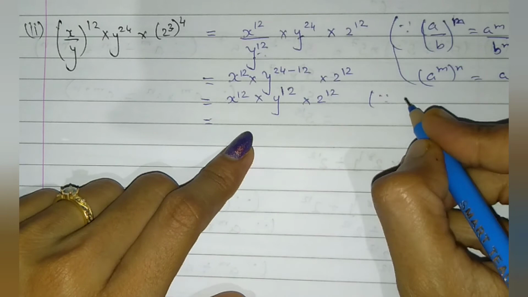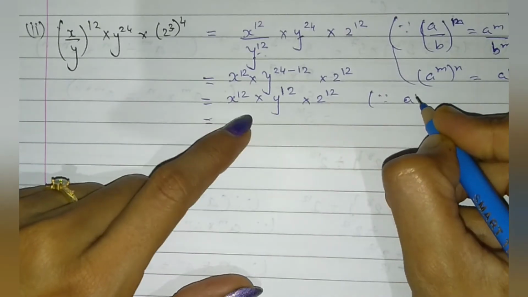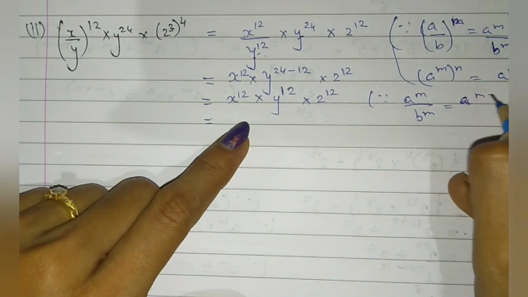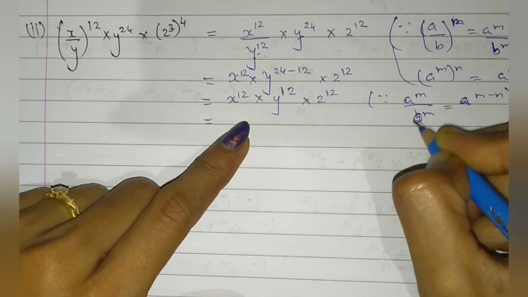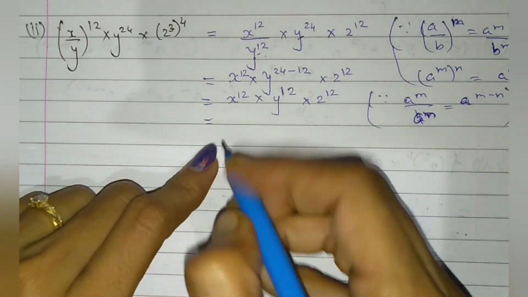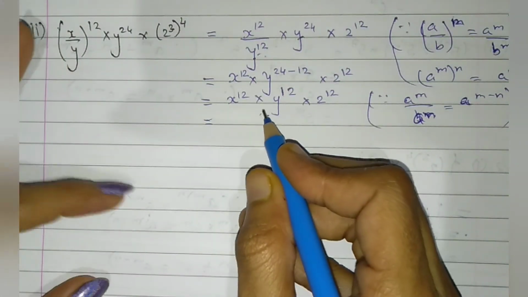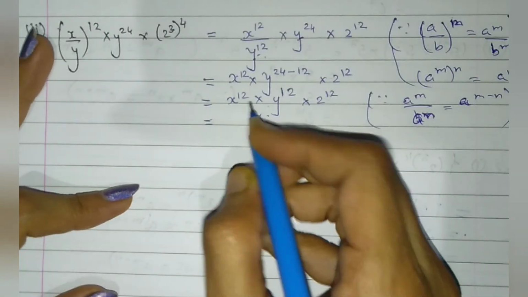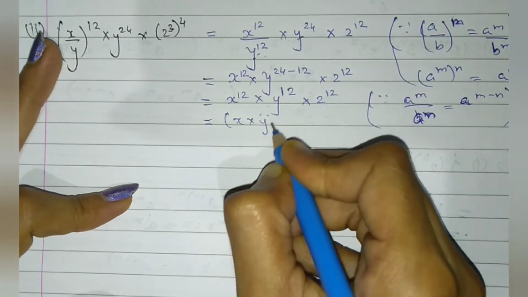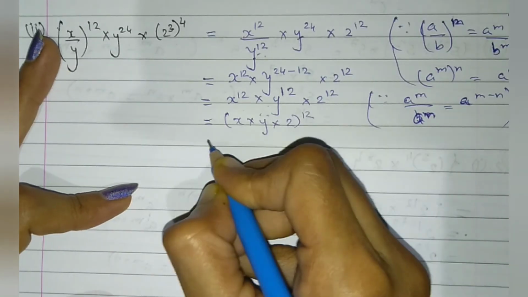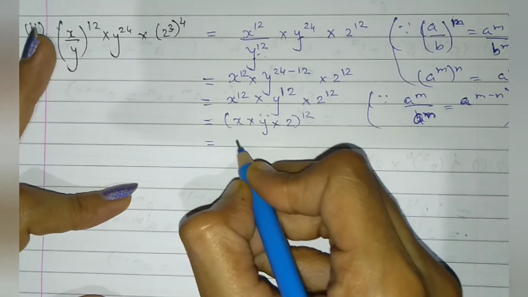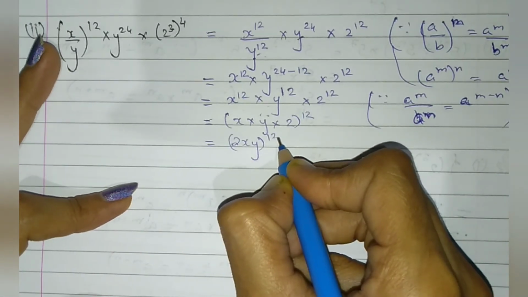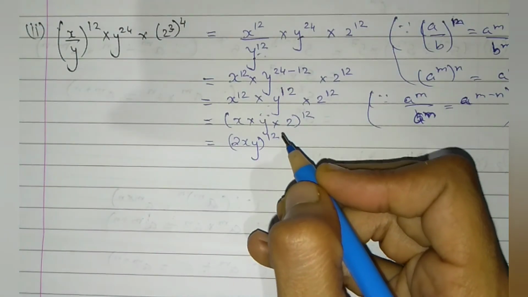We had used that a raised to m upon a raised to n equal to a raised to m minus n. Here what we have to use? Same power, different base. So we can write x into y into 2, whole raised to 12. So 2xy whole raised to 12 is the answer.